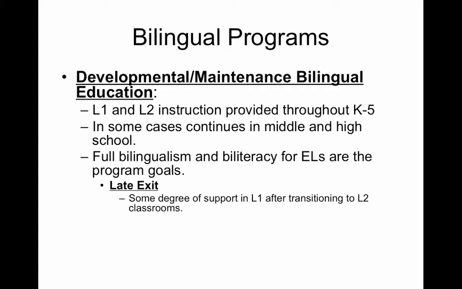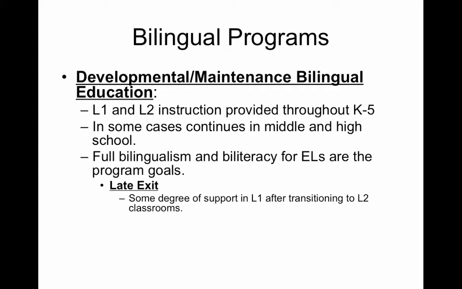It's adding another language to the student's repertoire. So not only does it add language, but it also maintains the student's language and culture while developing academic and language proficiency in English. Now you'll notice on this slide it says late exit.